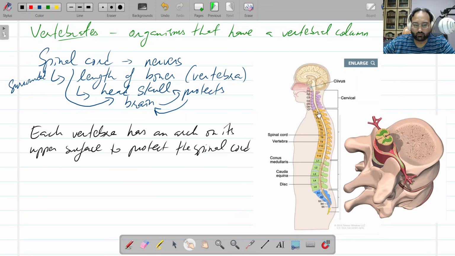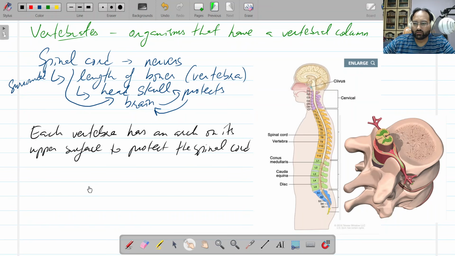The red ones inside are nerves, moving out, and inside are the nerve cells and the spinal cord, with the myelin sheath covering. We will get to that in a later chapter.